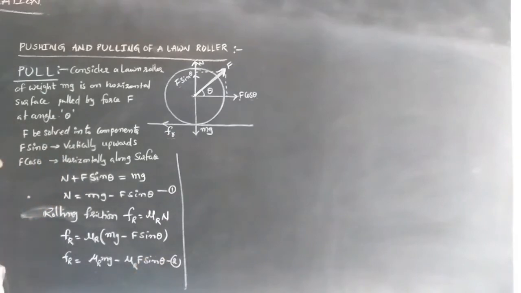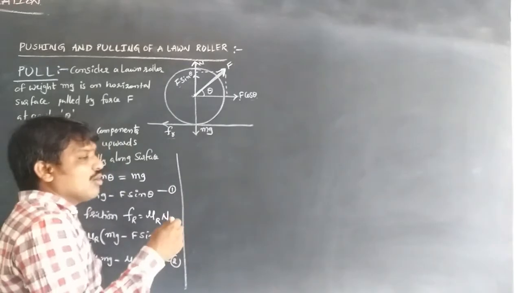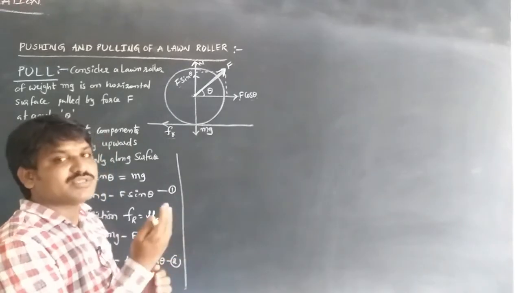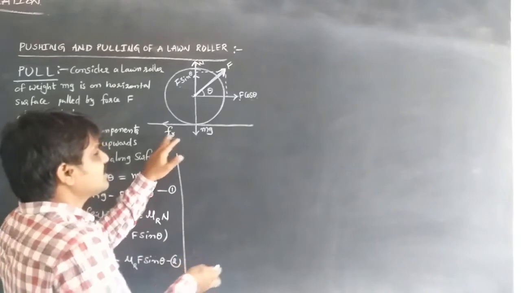From this equation, what is the net pulling force acting in this direction, more than the rolling friction, which opposes the relative motion and is exerted by the surface?